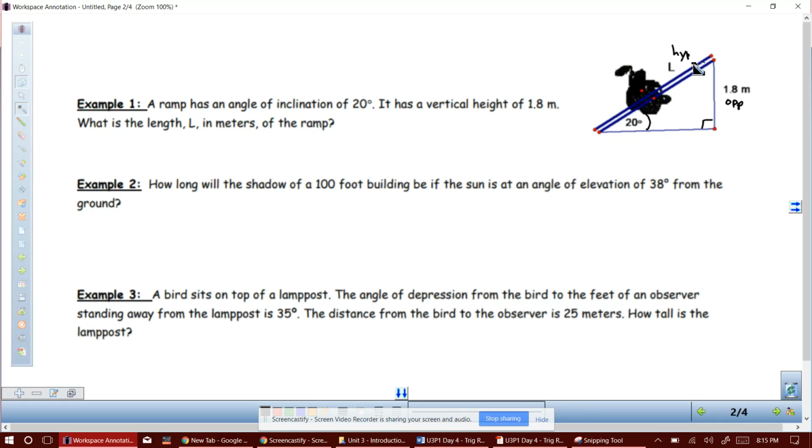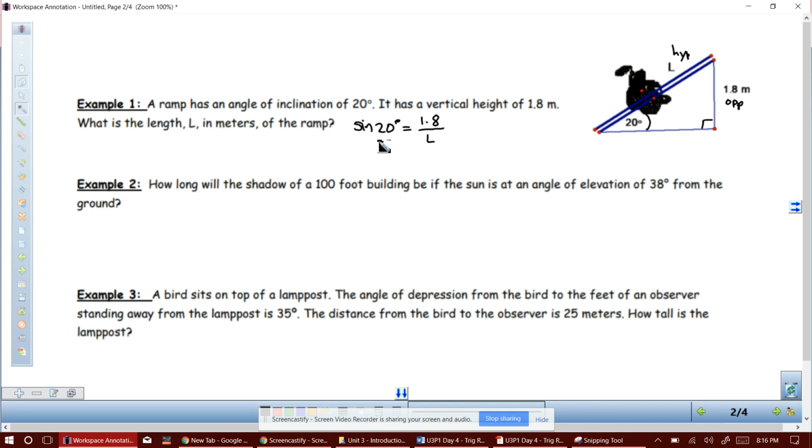So with opposite and hypotenuse, I should be doing sine. So I'm going to say sine of my 20 degrees, and I'll set it equal, and then the opposite is 1.8, and we are looking for L. We did a solving problem like this the other day.